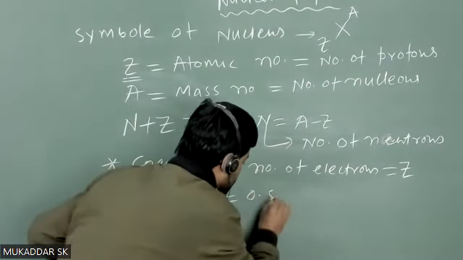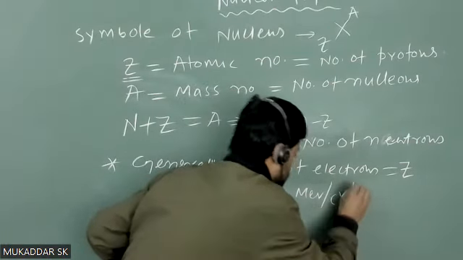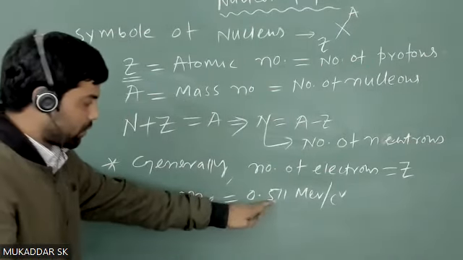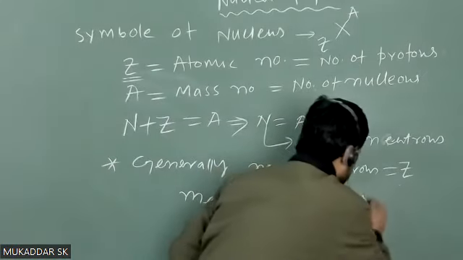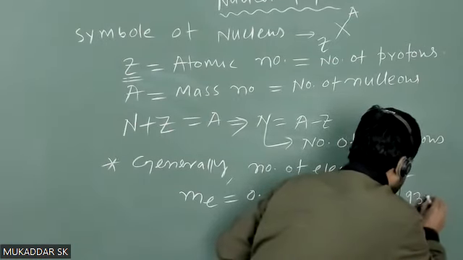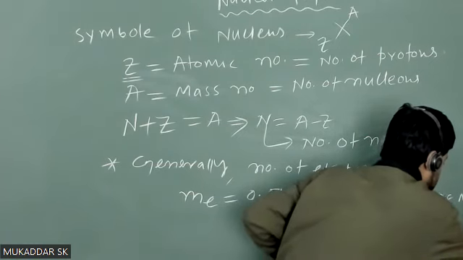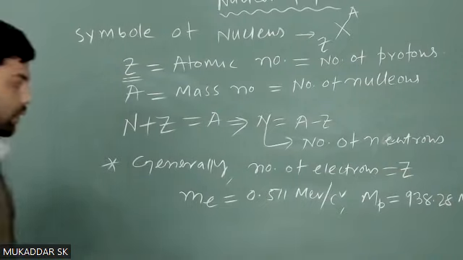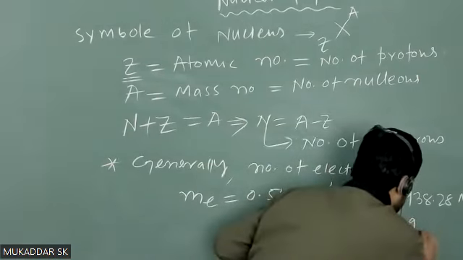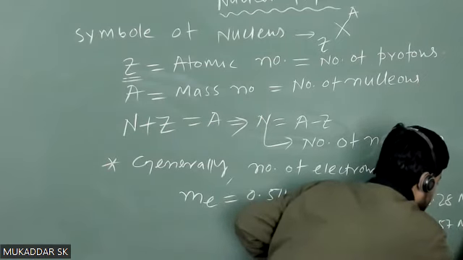In terms of MeV, it is 0.5 mega electron volt per c squared. So m_e, the mass of an electron, is 0.5 MeV per c squared. The mass of a proton, m_p, in terms of MeV is 938.28 mega electron volt per c squared. And the mass of a neutron is 939.557 mega electron volt per c squared.